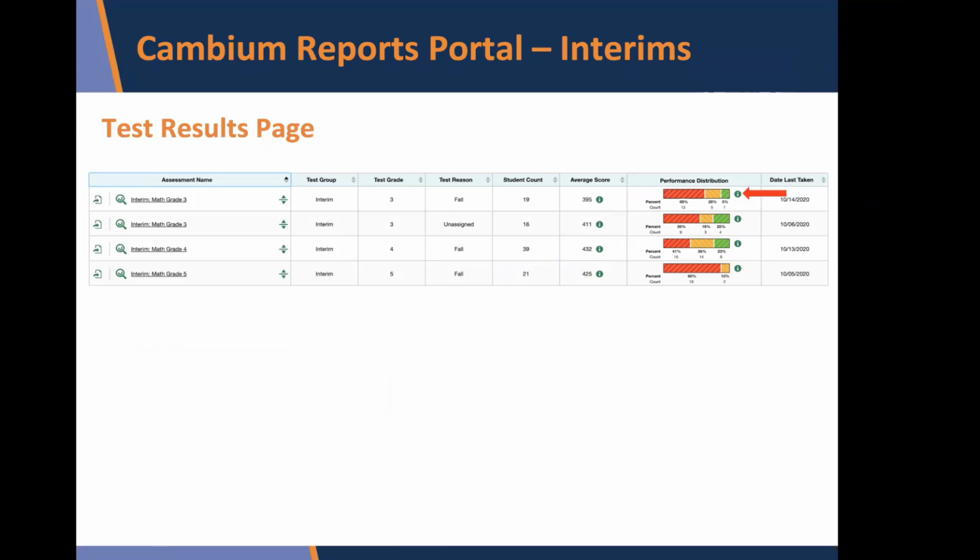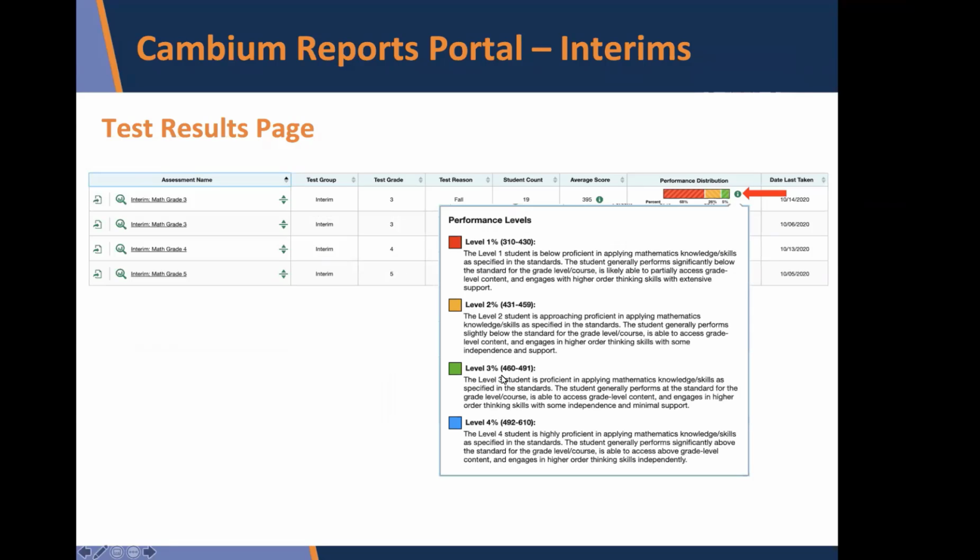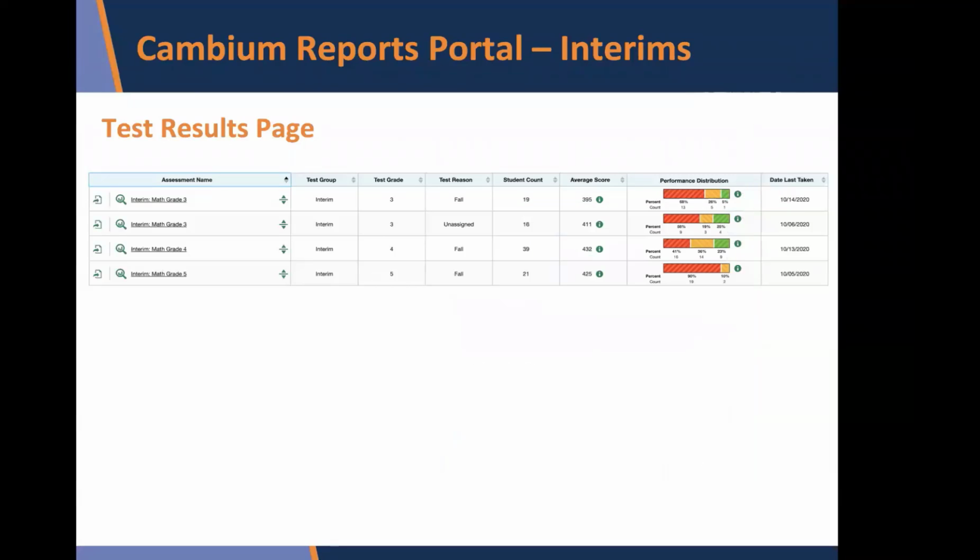The I that's next to the performance distribution, it's the same thing. It's going to give you the cut scores. I kind of like the way this one looks because it's color coded. So I just tend to like the view of that. We will give you a document in the folder that will also have, it's like a spreadsheet with the cut scores so that you can look at it and have it just for reference.